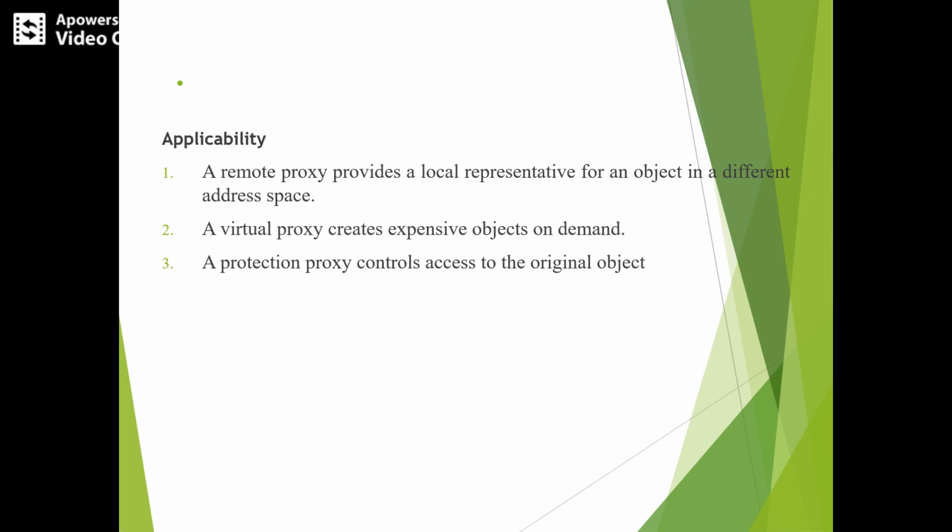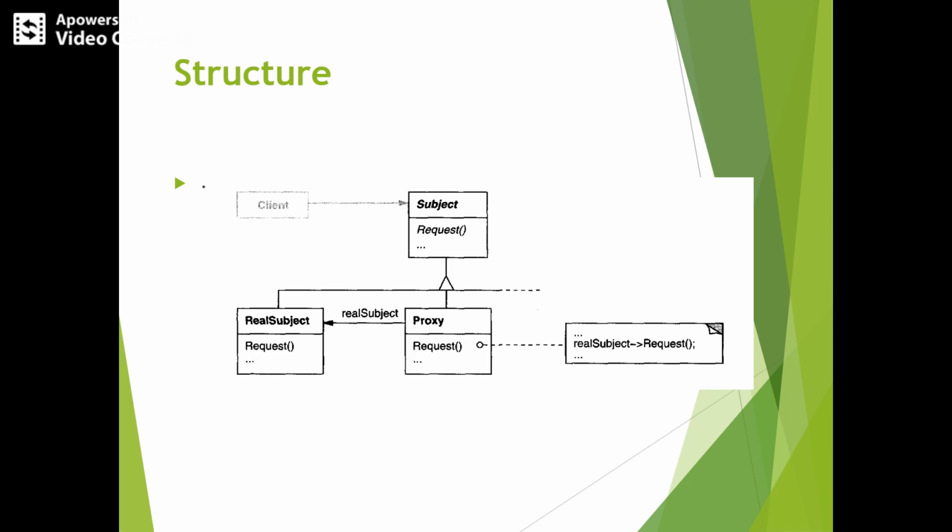Next we are going to take the structure. What is the structure, the actual skeleton, of the proxy design pattern? This is the structural part of the proxy design pattern. We have the client expecting a subject, a request based upon the real subject.